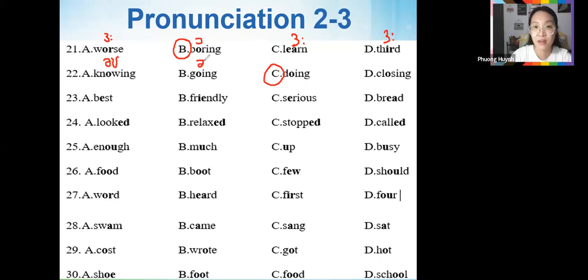Rồi, đây cũng vậy luôn bạn. Going. Rồi, closing. Closing. U đọc là O. Và đây bạn đọc là U. Chữ U mà cô viết 2 chấm vậy như là bạn đọc kéo dài chút xíu. Doing. Rồi, so I say again. Knowing. Going. Closing. Doing. Right. Number next. 23.